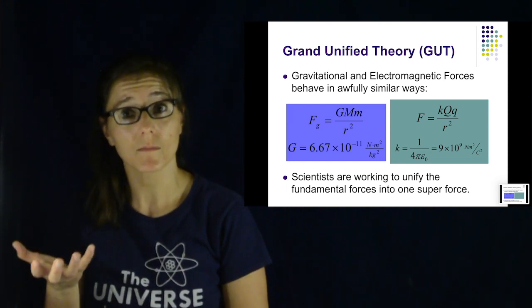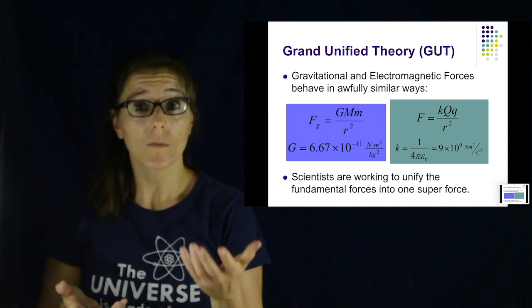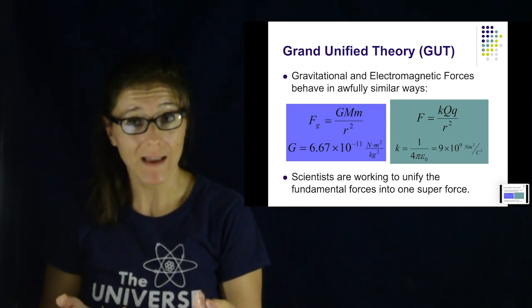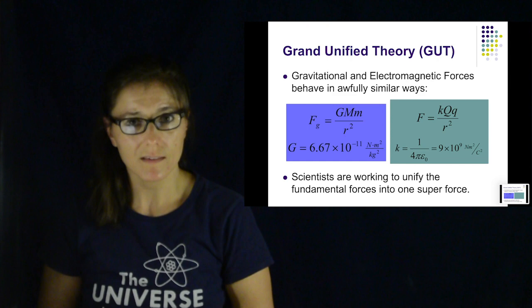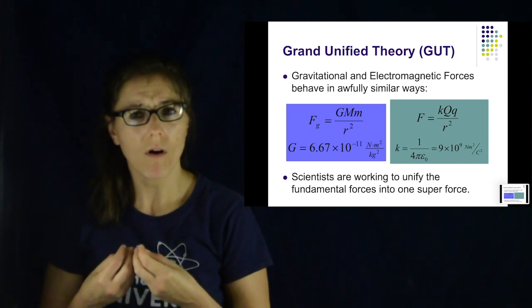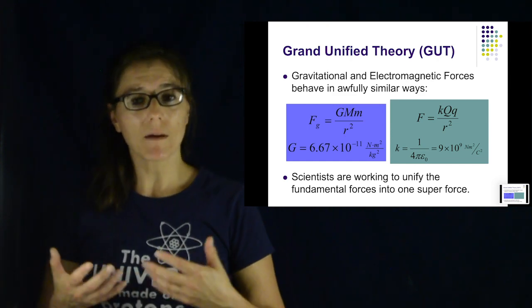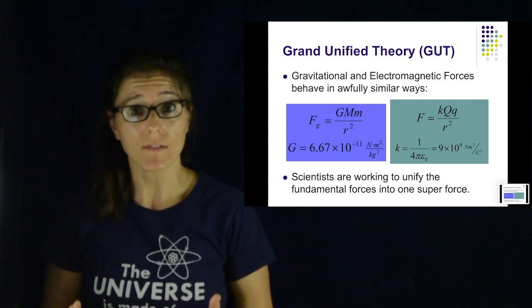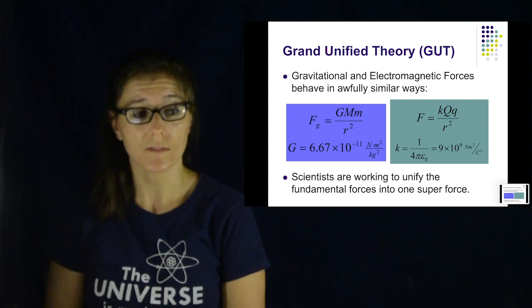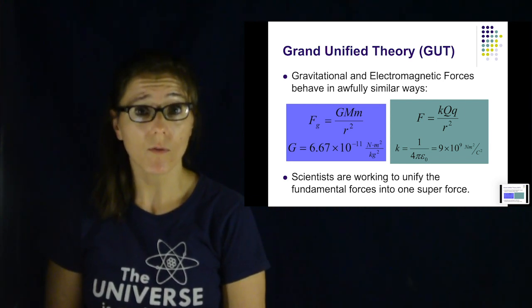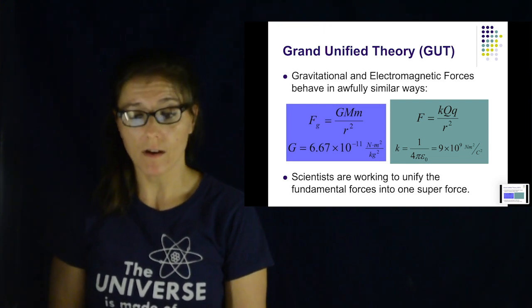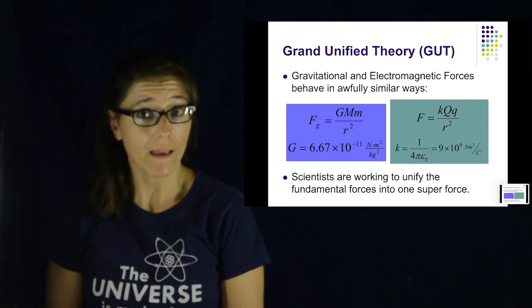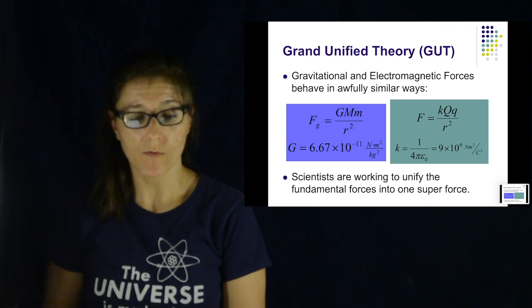With electromagnetism, it's multiplying charges. With gravitational force, it's multiplying masses. These act very similarly. The math is almost identical. And yet we're having difficulty unifying gravity with the other three fundamental forces. So that's one of the things that we're looking for, the theorized graviton, and trying to find a way to unify the four fundamental forces of nature.